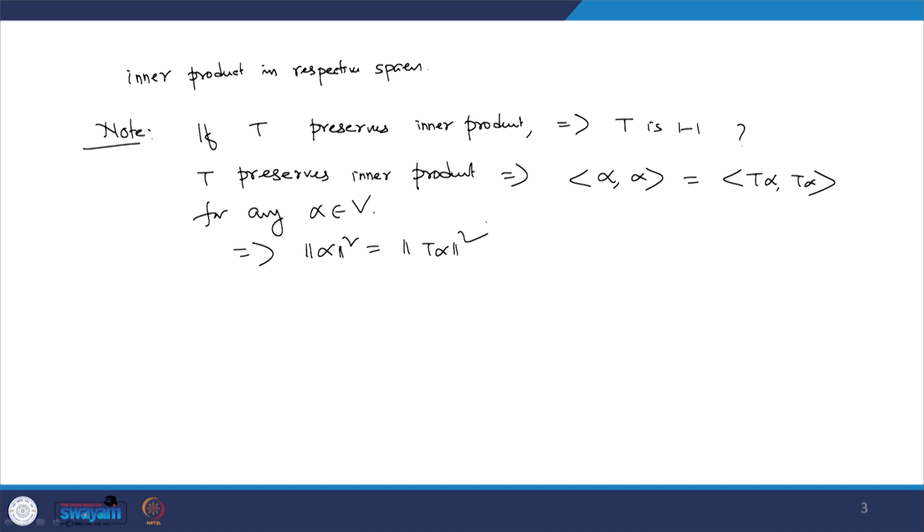Here norm is induced by the inner product. So, this implies norm of alpha equals norm of T alpha. So, if alpha is not equal to 0, the norm of T alpha is not equal to 0. This implies T is 1-1.